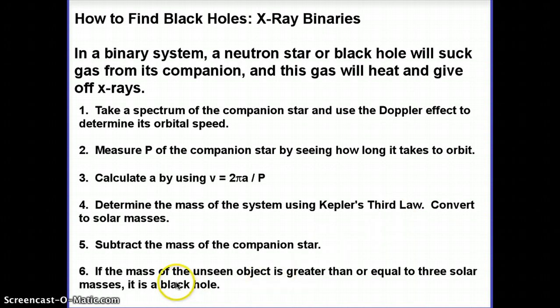And then it turns out that if the mass of the unseen one is either greater than or equal to 3 solar masses, it's a black hole. We remember that for neutron stars, there's a limit of 3 solar masses that is related to the amount of gravity that neutron degeneracy pressure can support. So we're going to do a couple of examples of this.